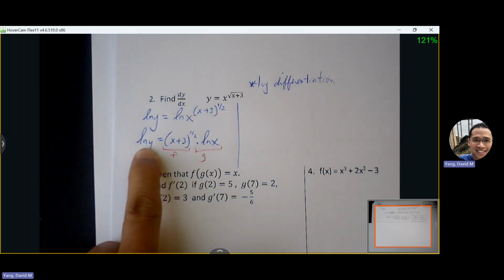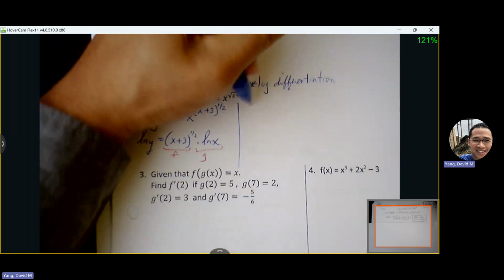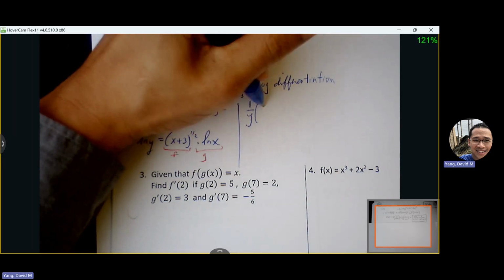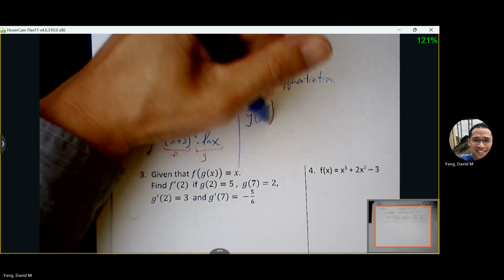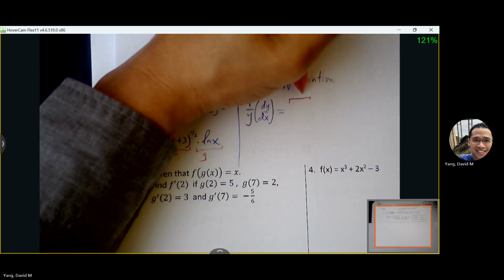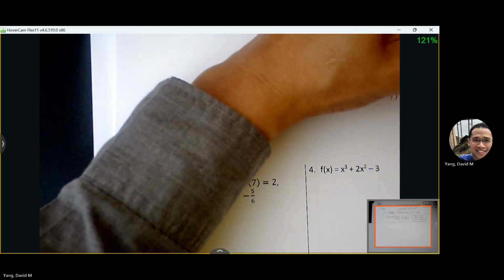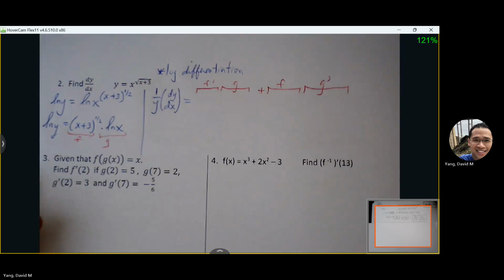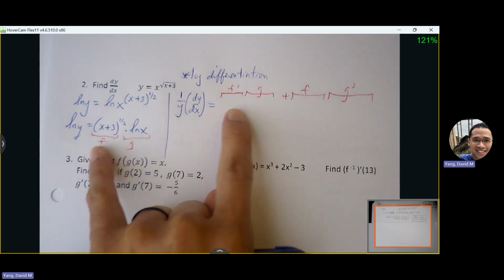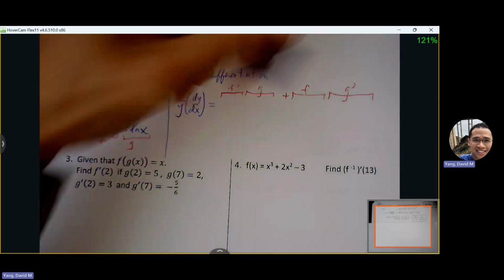So natural log of y's derivative, u prime over u, so 1 over y, but we're asking for y's derivative when it's stuck inside natural log. So a little bit of implicit, 1 over y times dy dx equals, now we can jump into product rule. Okay, now within product rule, there's a little bit of chain rule here because you got a function within a function with that parentheses and 1/2.